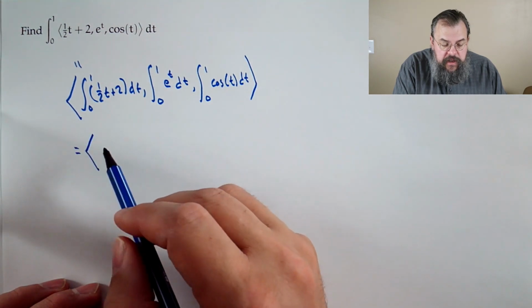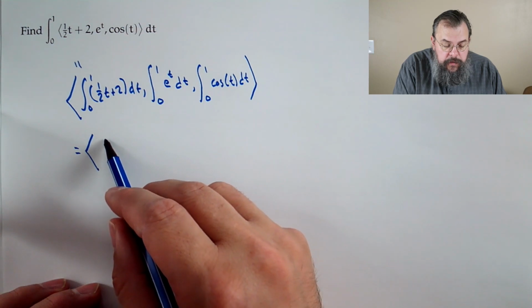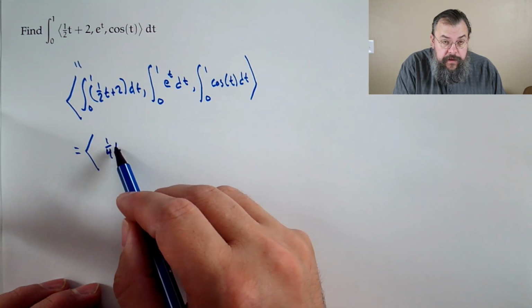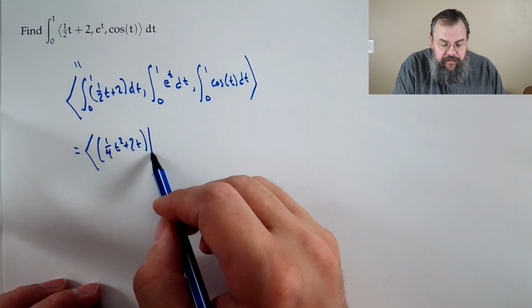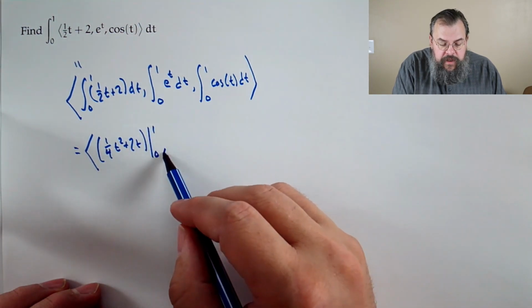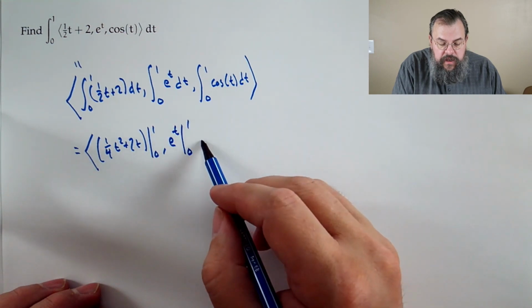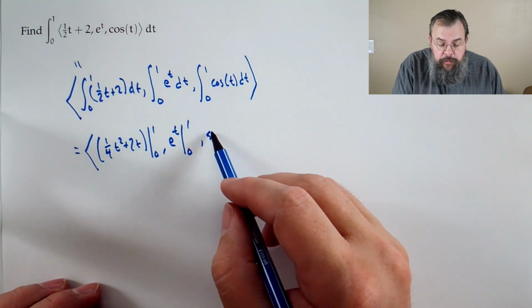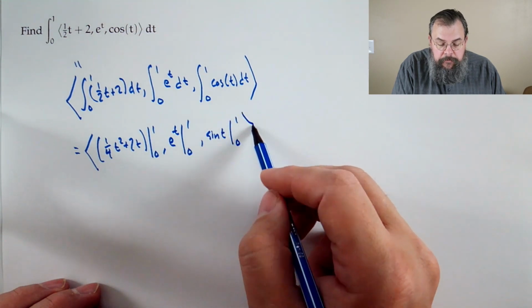Well, okay, what's that? That's integral of (1/2)t plus 2 would be 1/4 t squared plus 2t, evaluated from 0 to 1. Integral of e to the t, evaluated 0 to 1. Integral of cosine, positive sine, and evaluated 0 to 1.